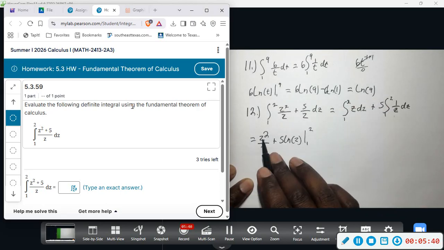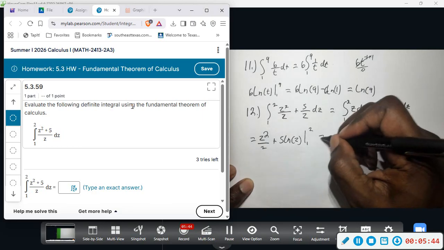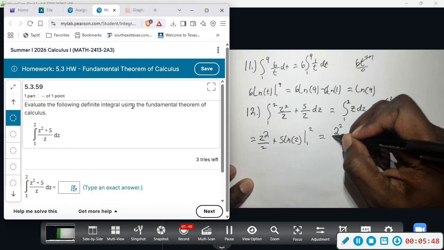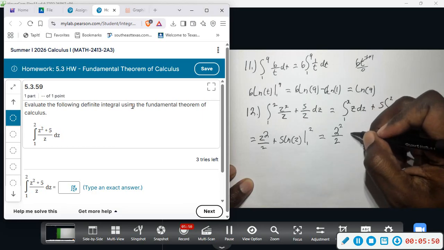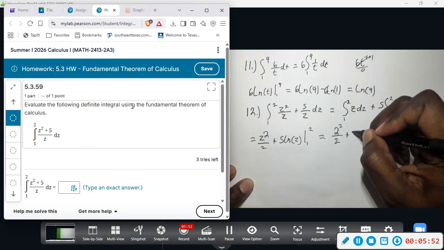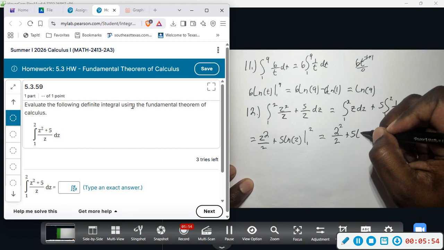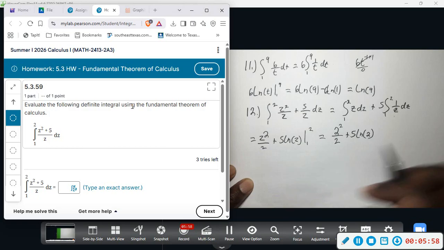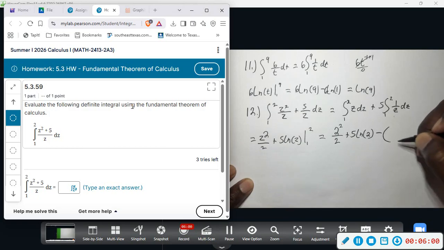We will plug in a 2. 2 squared is 4. 4 divided by 2 is 2. But I'm going to show all that before I do too much. And then plus 5 times ln of 2. So this is plugging in 2 to the upper limit, and then minus, plug in 1.